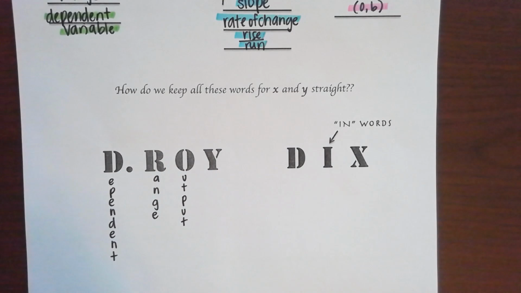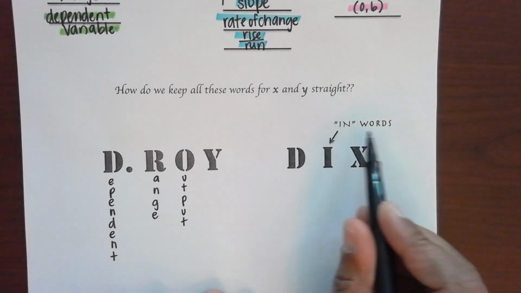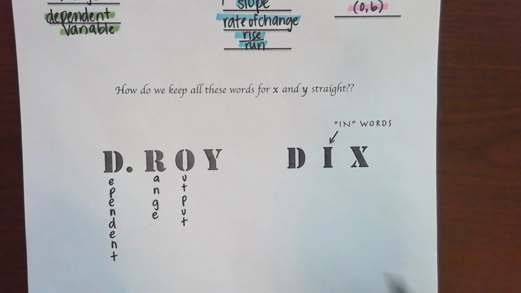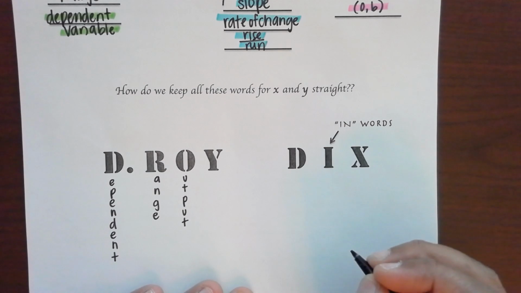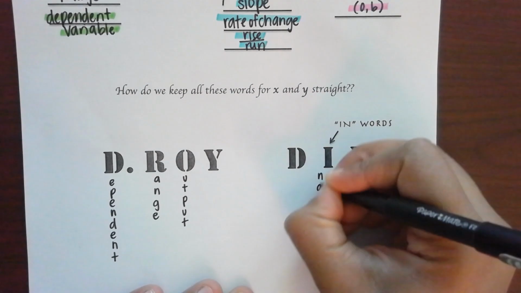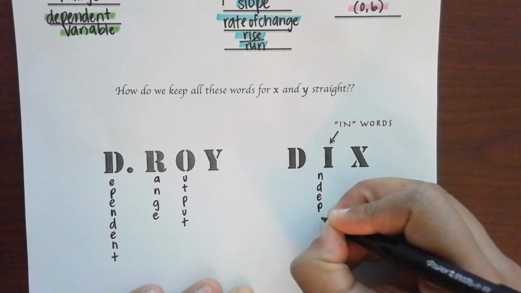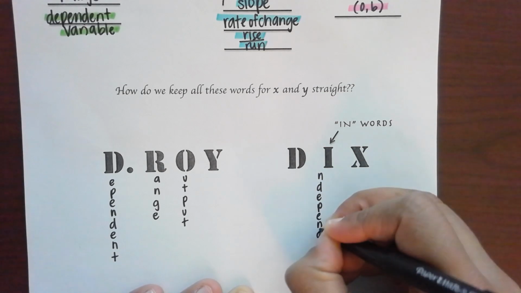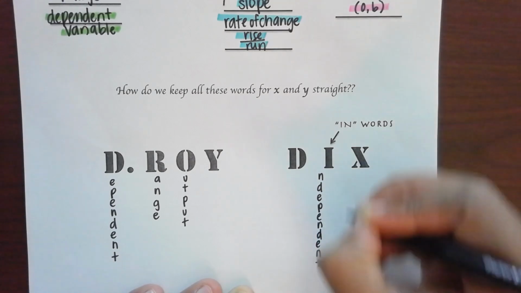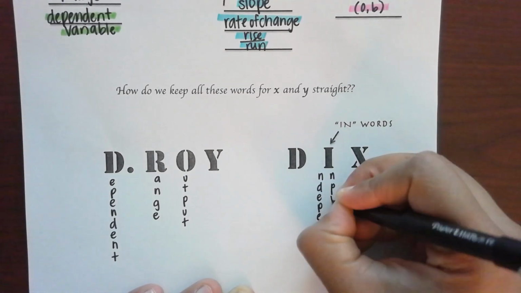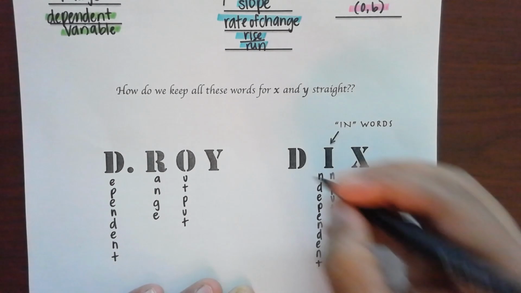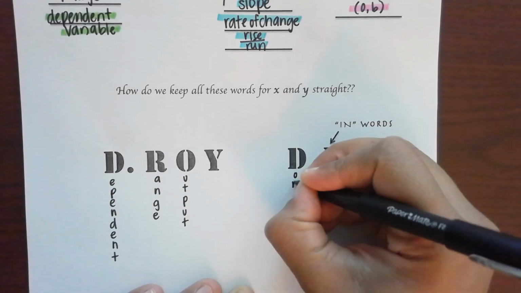And y is just y. D as in the "in" words, like independent, meaning input, D for domain.